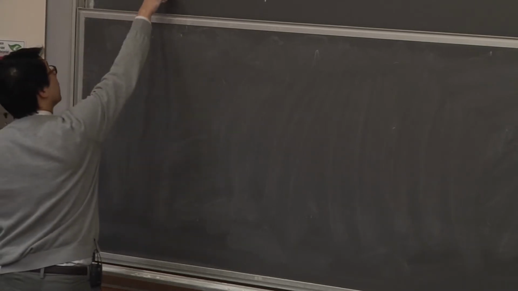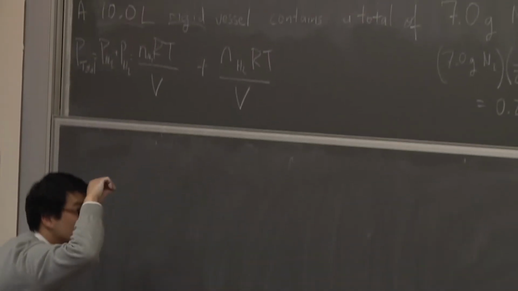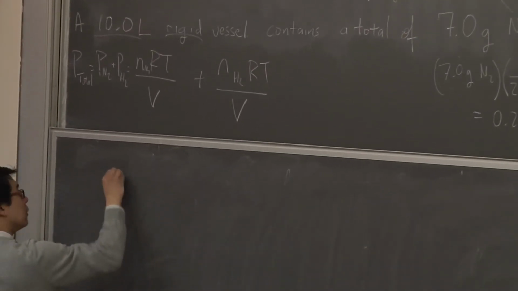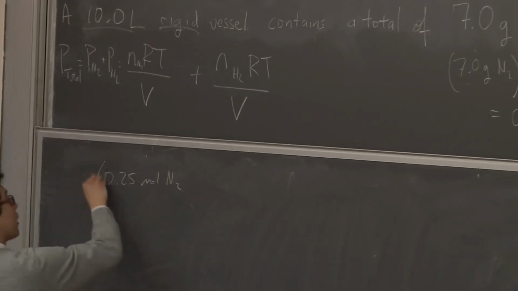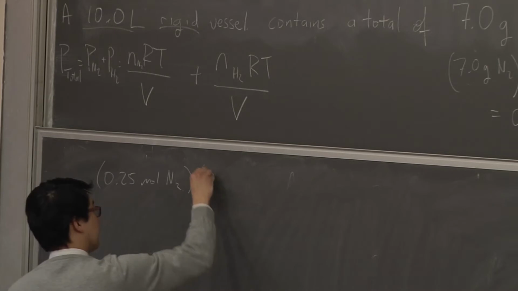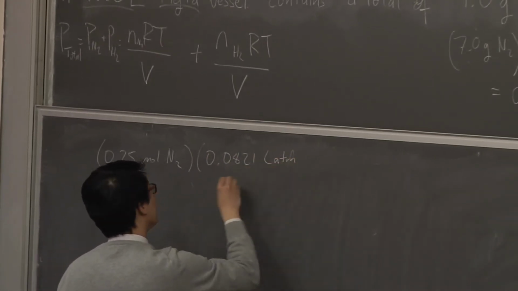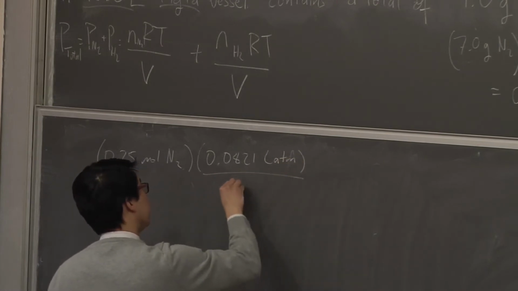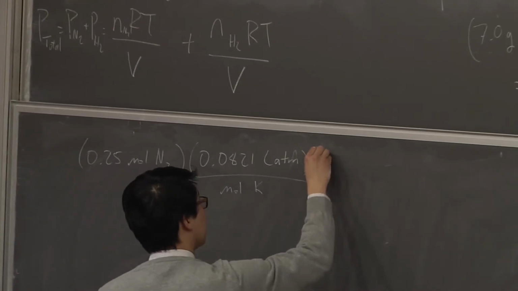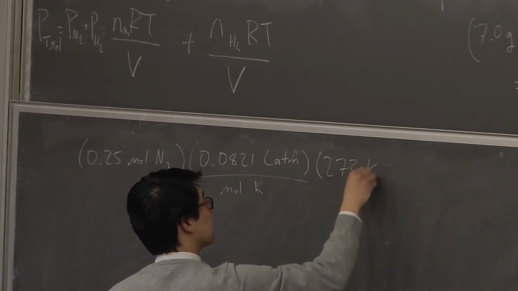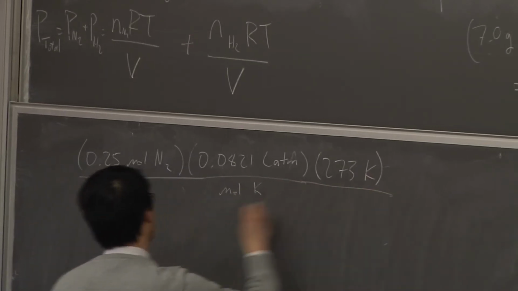So I'm going to do this. I'm going to do the moles of N2, which is 0.25 times 0.0821 liter atmospheres per mole Kelvin times 273 Kelvin all over 10.0 liters.